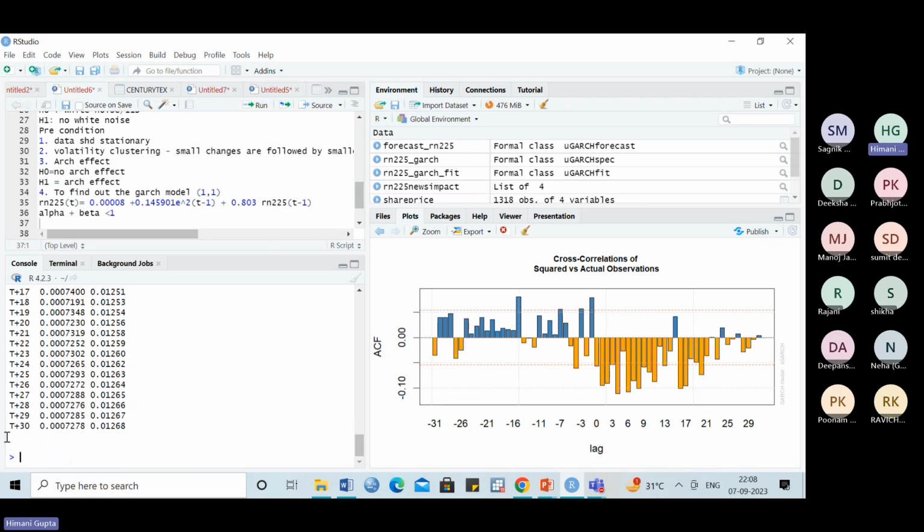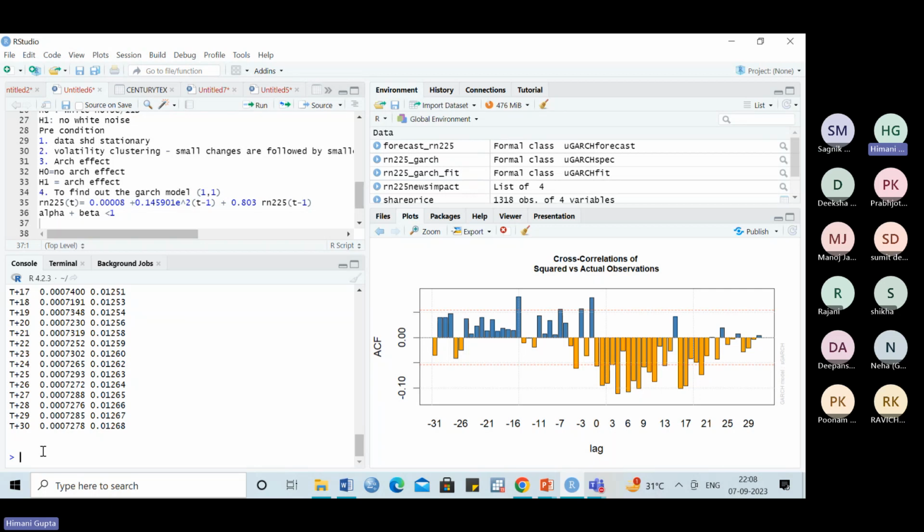It will give me T plus 30. So if you want till 10, use the command head. If you want more than 10, 11, 12, 13, use the command n dot ahead. Got it? Any doubt in this? No, ma'am. Thank you, ma'am.